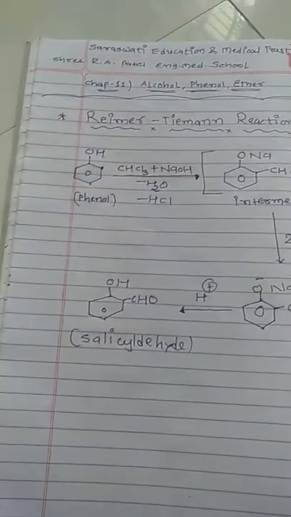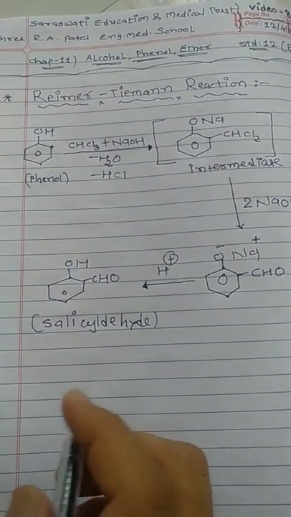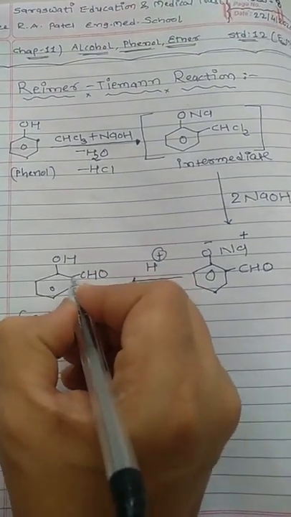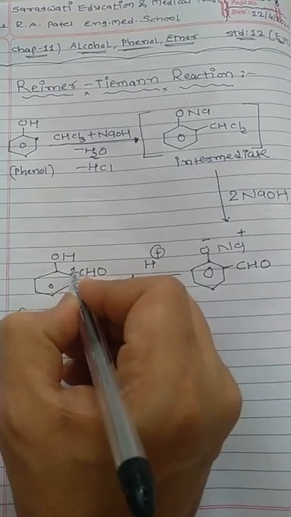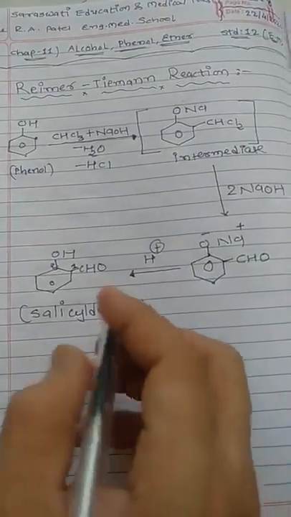Now the question is, what is the IUPAC name of salicylaldehyde? This is our main functional group, CHO. So I will give number 1 over here, number 2 over here. Number 2 has the hydroxy group.